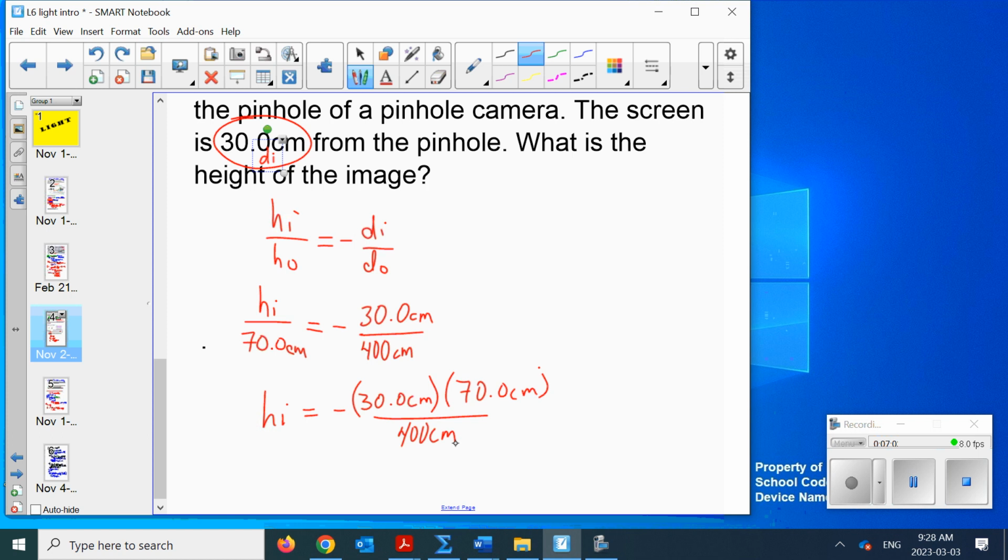And then I'm going to put it in my calculator. I get negative 5.25 centimeters. The negative sign just means that it's upside down. It doesn't mean that it's necessarily small.